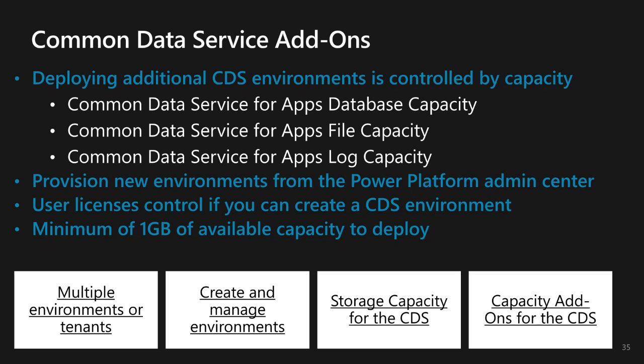And if you need to copy that data into a test, you would need a total of 21 gigabytes available in order to make that copy. So you'll need to consider the size of your database when you're making copies for dev, test, and prod, and so on, to make sure that you're managing that capacity carefully.